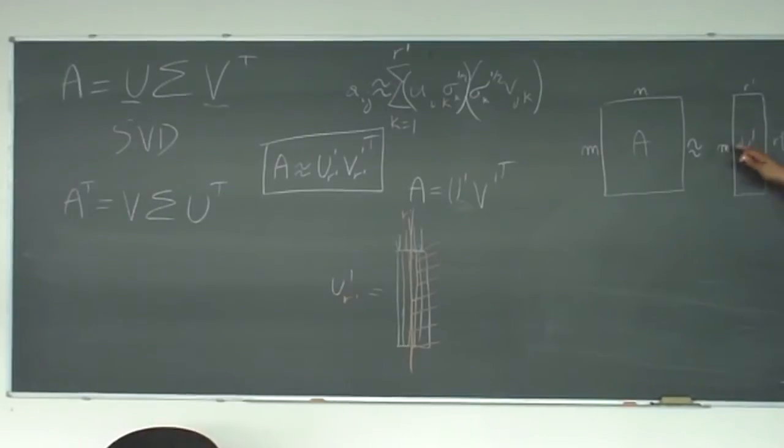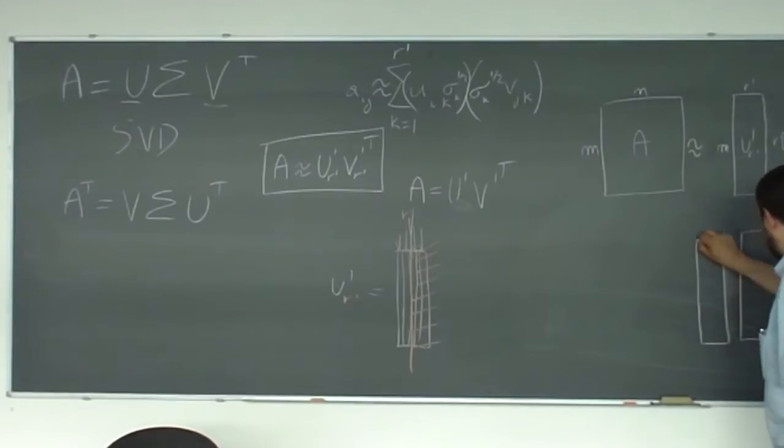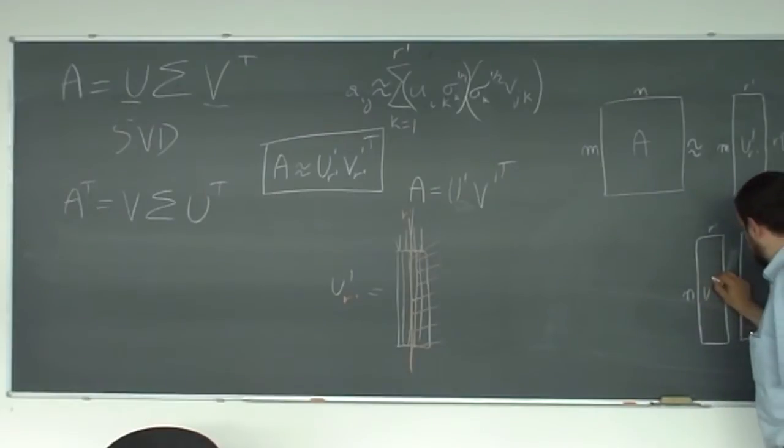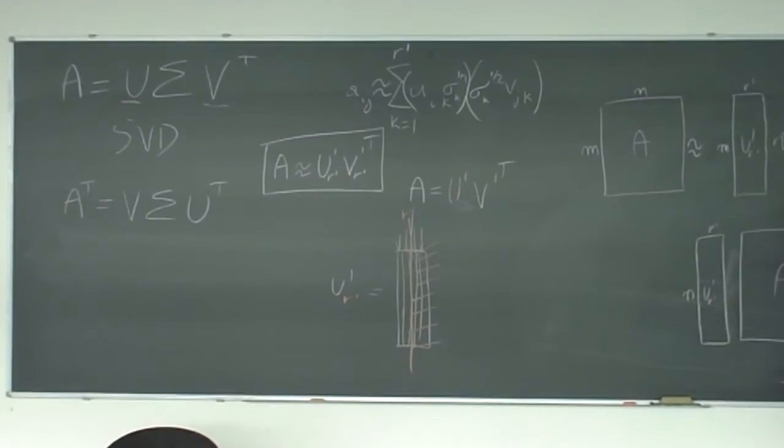We can also draw this in a different way. The idea is that matrix A is approximated by an N by R prime matrix, which we call U prime R prime, and an R prime by M matrix that we call V prime R prime transpose.